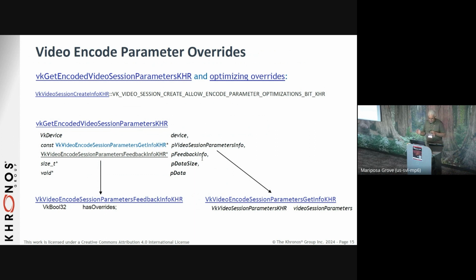And so there are two types of overrides we deal with. The one is when it comes to picture parameters, those that we send from the beginning and from time to time to refresh. When you pass in, let's say, PPS and SPS picture parameters to the implementation, the implementation could look and say, okay, so you're asking me for a specific tuning mode, specific quality, and those sets of parameters to do things which most likely I won't be able to do.